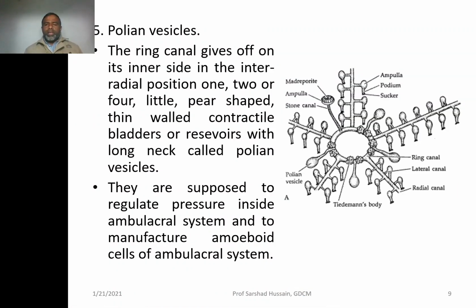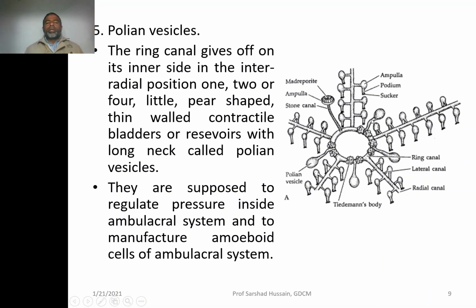Then there are other structures also, the Polian bodies, associated with the ring canal. The ring canal gives off on its inner side, in the inter-radial position, again, as the madreporite and stone canal were in the inter-radial position, the other structures called the Polian vesicles.